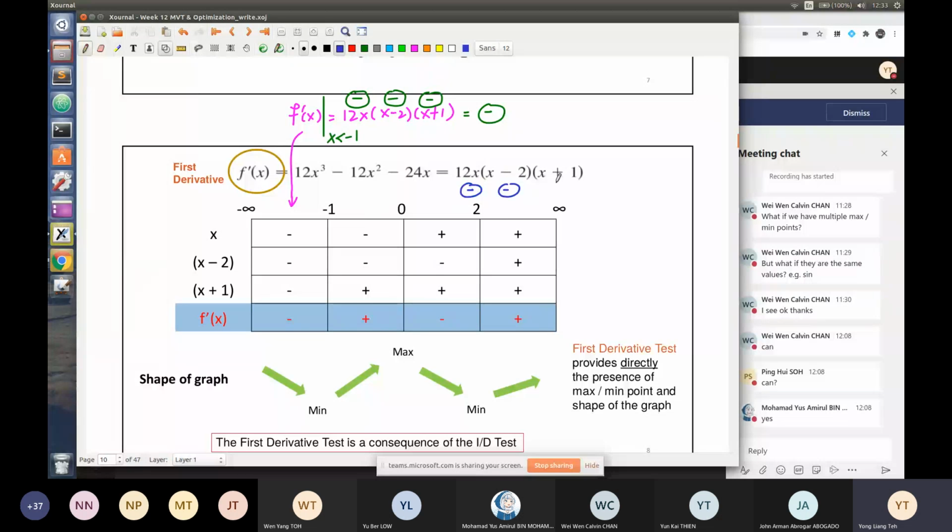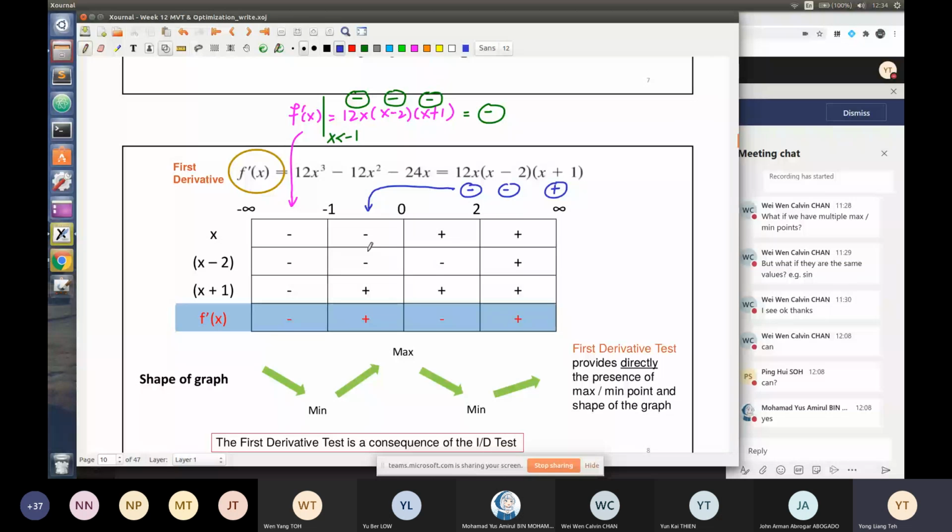What about this guy? But this is between -1 and 0, right? You can consider something like -half. So if you have -half here, then this is a plus. So this guy got to be positive. So minus, minus, positive, the net result is positive. You see that? I'm just trying to give you another demonstration here.